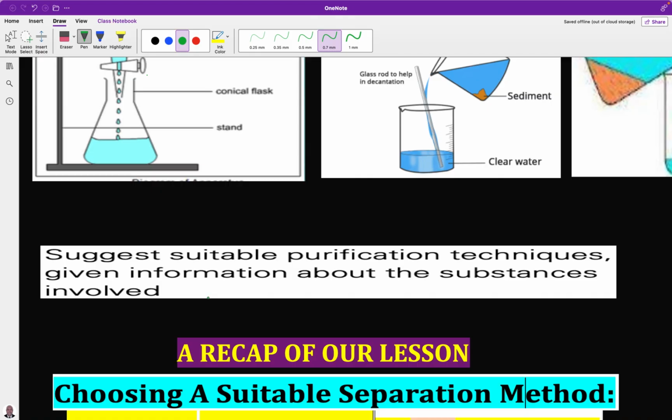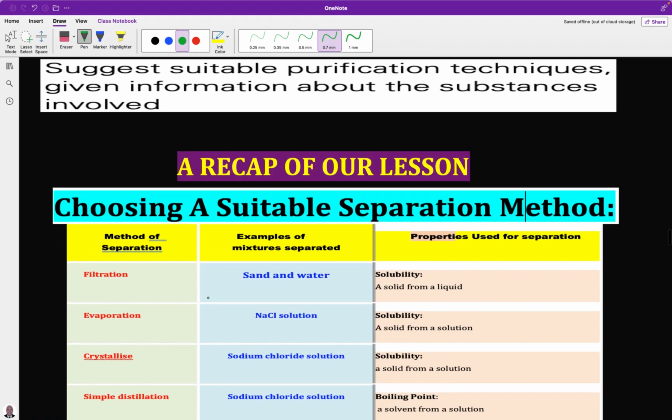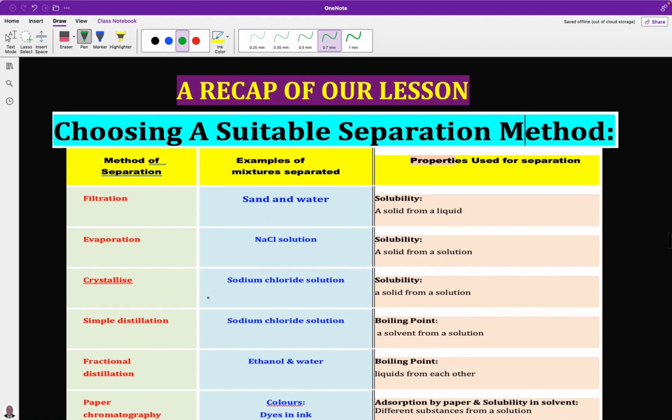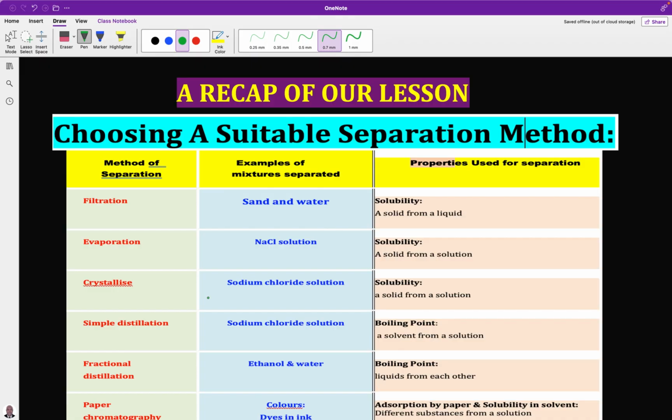A recap of our lesson. If given substances and information about them in an exam, and you are asked to choose a suitable separation method, what will you do?